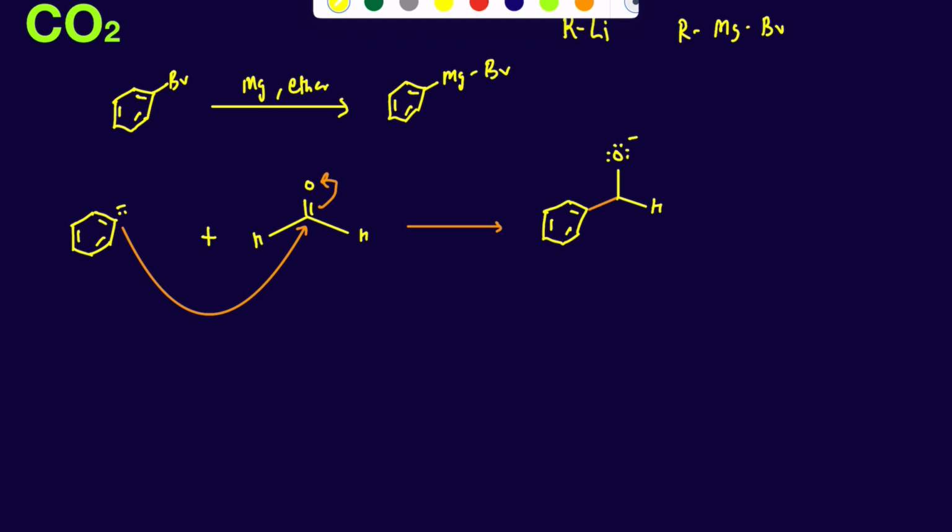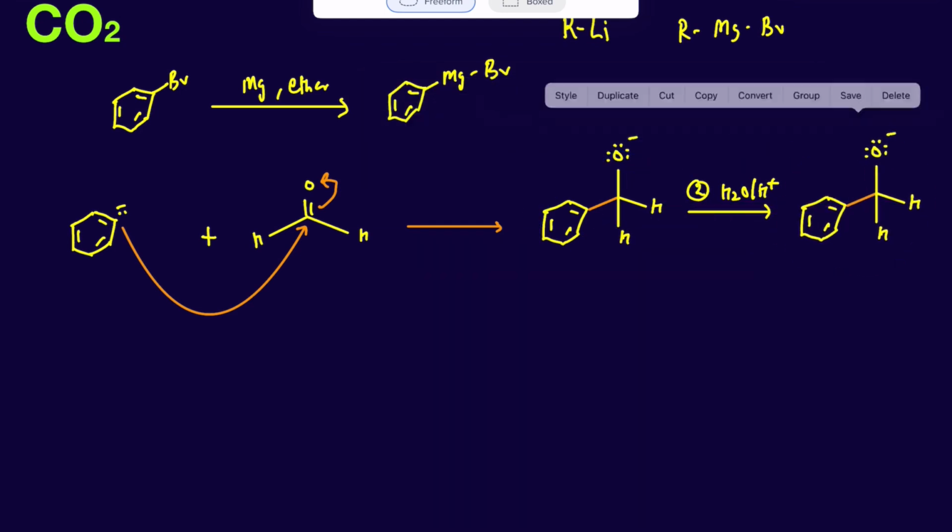I don't necessarily need to draw the hydrogens, but I'll just draw those so that we can keep track of them. And then I can protonate this in the second step using acid water, and I'll end up making an alcohol.